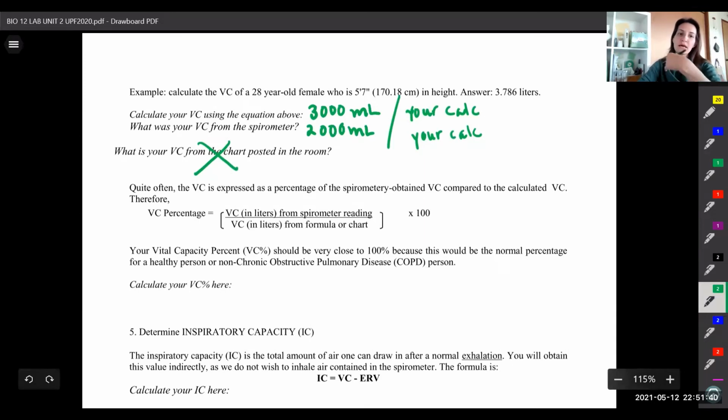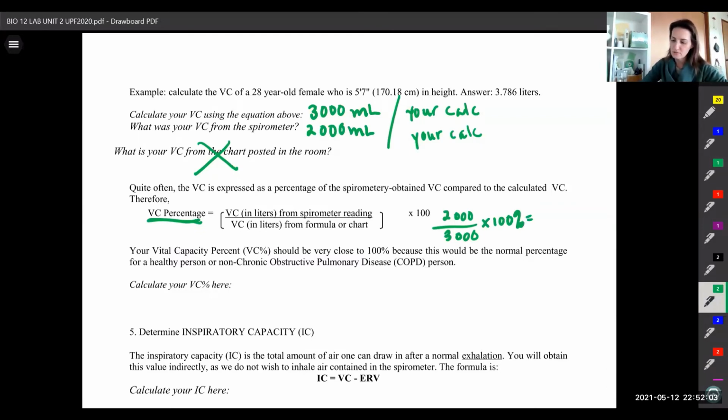And then all we do to get the percent normal here, VC percentage, is divide what was our reading by normal, multiply that by 100. So here I would have 2,000 divided by 3,000, multiply that by 100%, right?